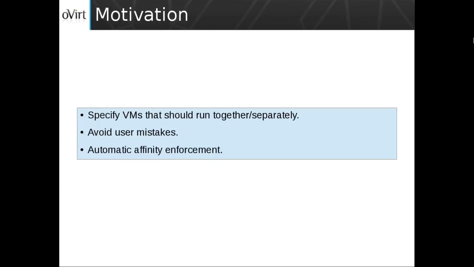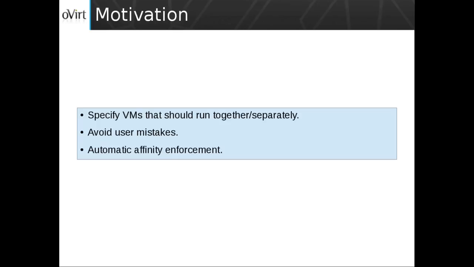So about the motivation behind affinity. Affinity is basically a group of VMs that the admin specified should run on the same hypervisor, or on separate hypervisors in the case of negative affinity.